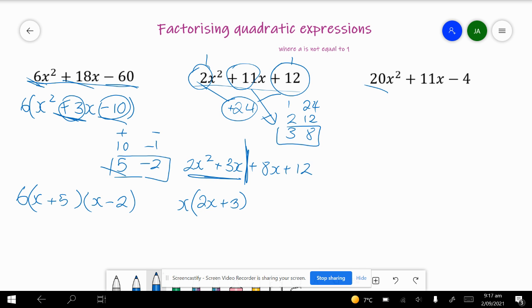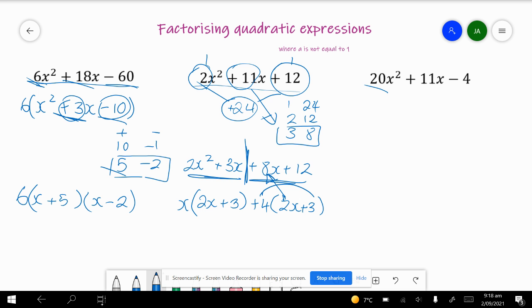Now, when we factorise this one too, this bracket is always going to be the same as the first bracket. And we look at the 2x and say, what 2x times what equals 8x? And that's plus 4. And we can also check and see 4 times 3 is 12, what we need.